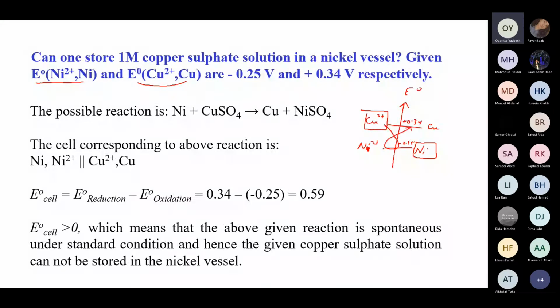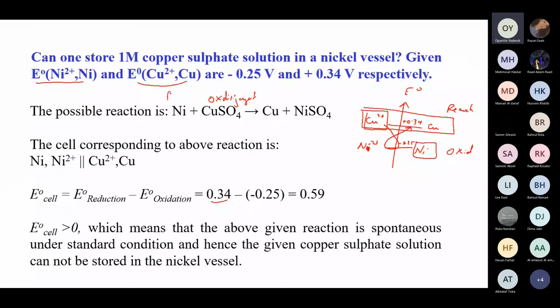It's automatic, okay? And the reaction, the E cell, will be cathode minus anode. This is going to be what? The reduction half reaction. Because it has a higher E naught, this will undergo reduction, or it will want to undergo reduction. This is my oxidizing agent.